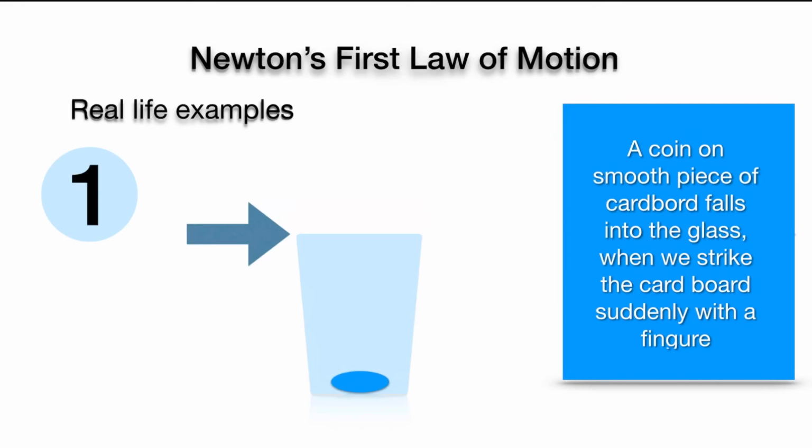So here we saw an object at rest continue to be at rest in the absence of any net external force. In this case, we assume that there is no frictional force or negligible frictional force between the coin and the cardboard. Because of that, the coin does not have any horizontal force, or force in the direction of cardboard motion.